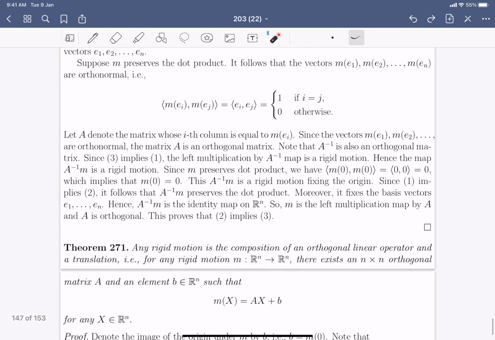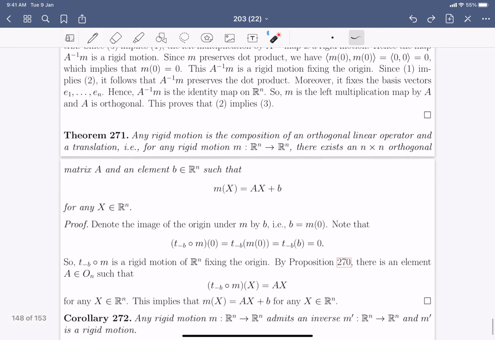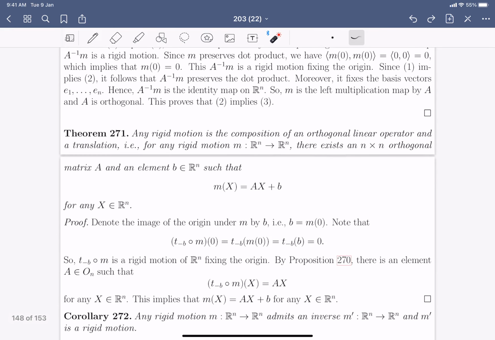Now we are going to show that any rigid motion from Rn to Rn is of the following form: the rigid motion M applied to an element x of Rn is equal to Ax plus b, for some n by n orthogonal matrix A and for some element b inside Rn.